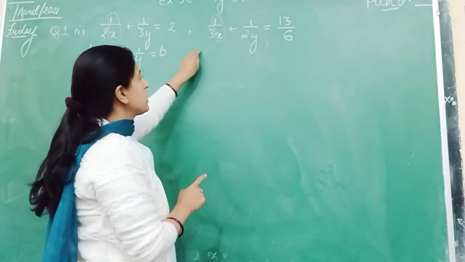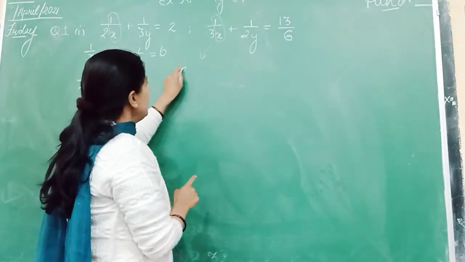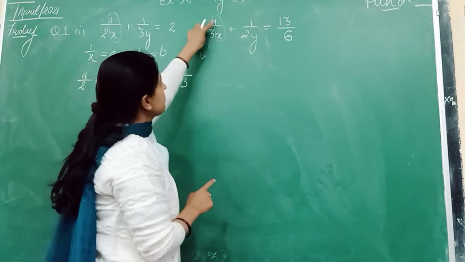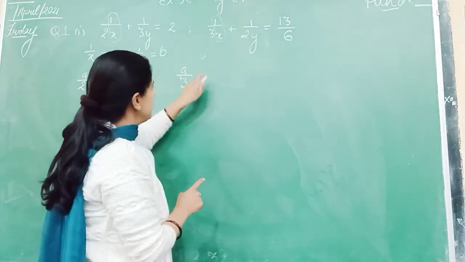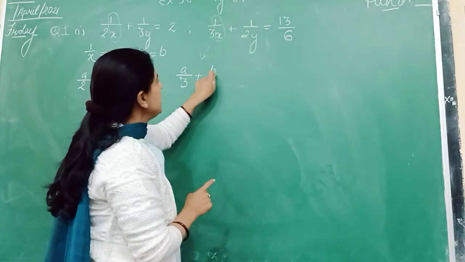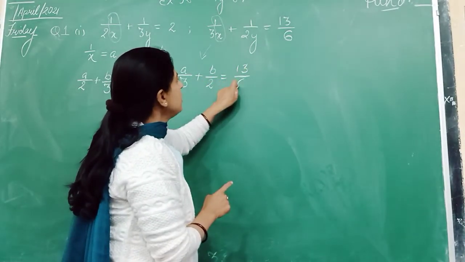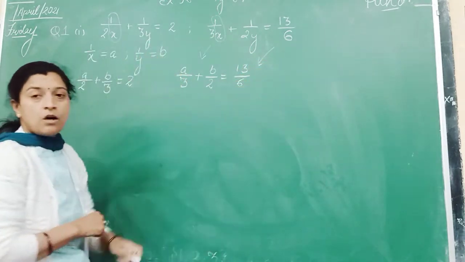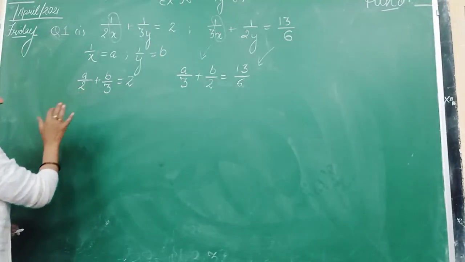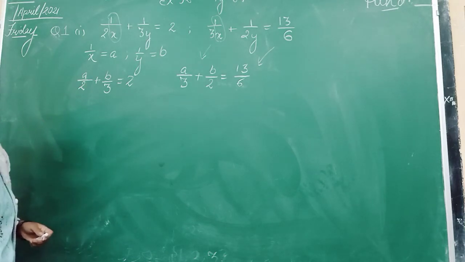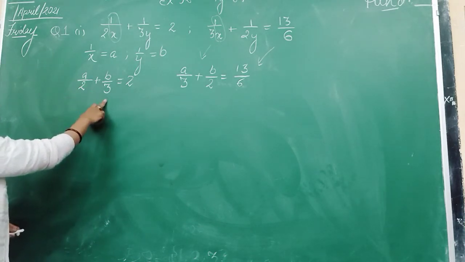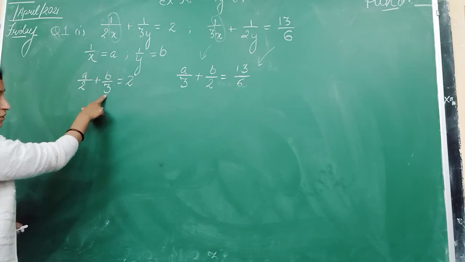And likewise for the second equation, it would become a upon 3 plus b upon 2 is equal to 13 upon 6. Alright. Now we know when we have coefficients or numbers in fraction form and in denominator, to make our working easy we take LCM. So you will take LCM of 2 and 3 which becomes 6.